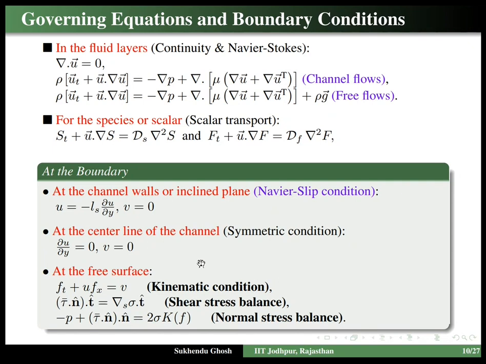In the case of a free surface, you take the free surface conditions, which have three parts. It is a combination of the kinematic condition, which gives us the deformation of the free surface, and two other things, the normal stress and shear stress jumps, how they change at the free surface, which can be given in terms of shear stress balance and normal stress balance. Therefore, depending on your flow geometry, you have to take the appropriate boundary conditions.